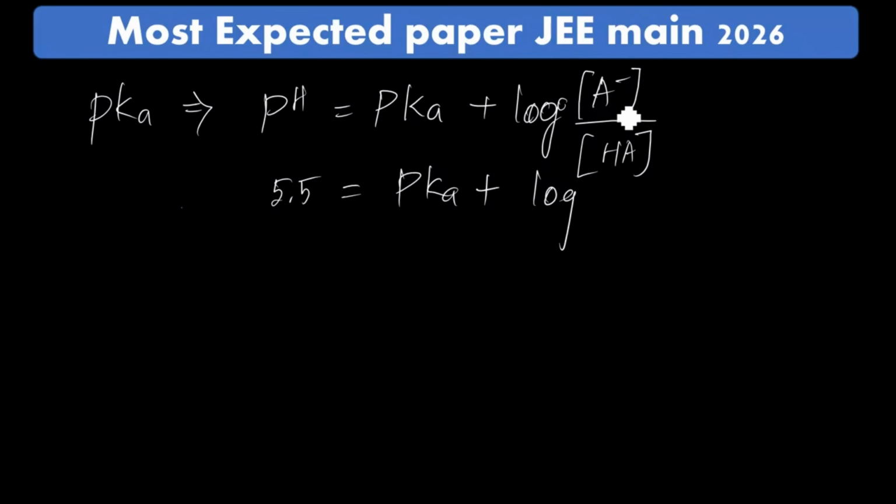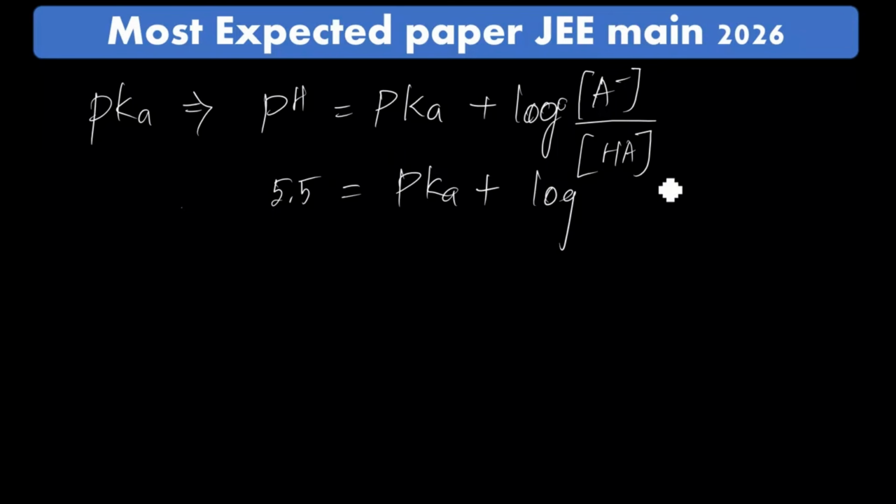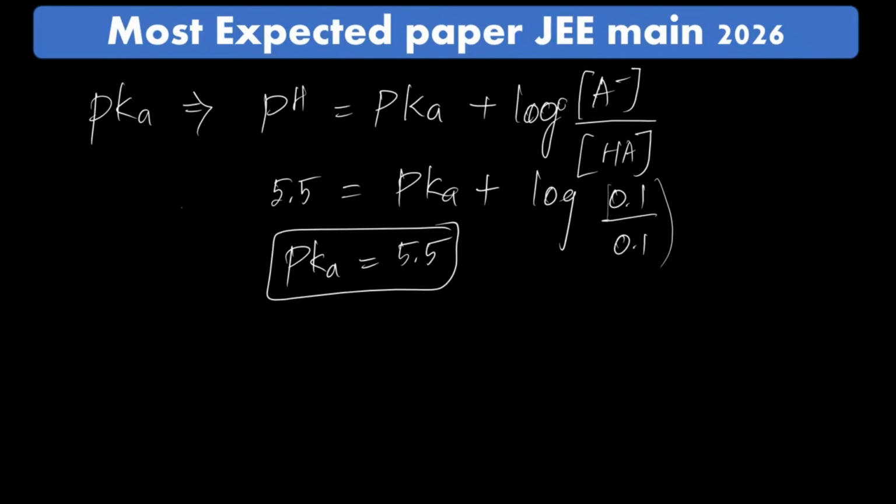What is A minus over here? NaA, right? That is 0.1 molar, and HA, that is 0.1 molar. So both are 0.1. So the whole term, log 1, is equal to 0. So pKa plus 0 is equal to 5.5. So pKa is equal to 5.5. A bit lengthy question, but you have to do it fast. So that is the answer to this one.